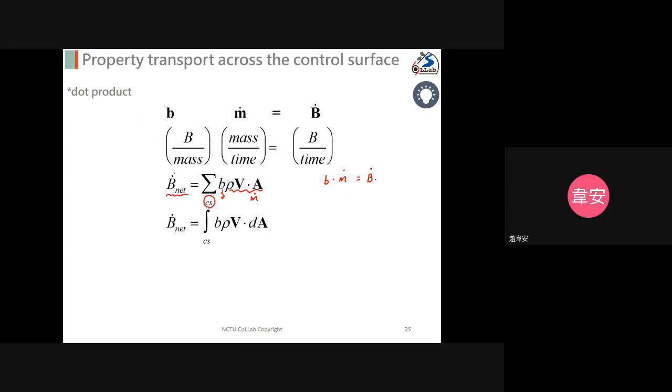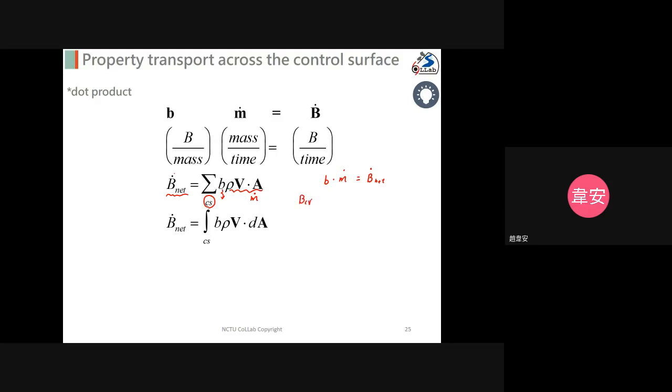crossing through the control surface. Okay, and we define this as the extensive property rate crossing through the control surface. This is a little bit different from before.